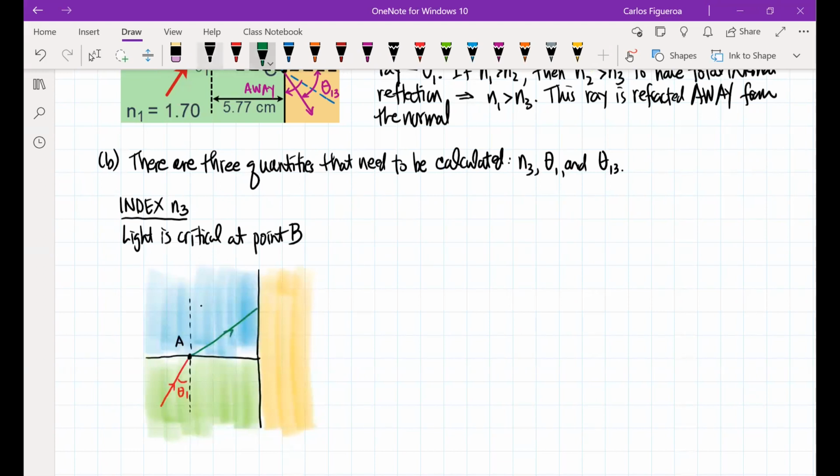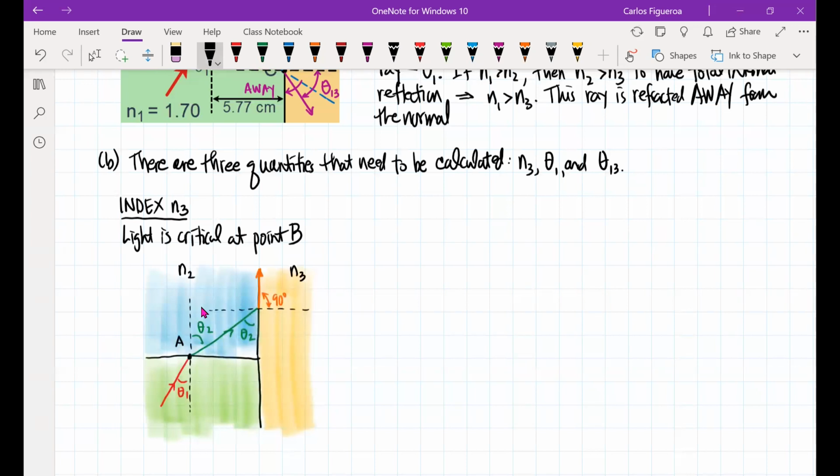And so what we'll do here is that we're going to define this angle as theta 2 according to Snell's law, but this angle is also theta 2. So if I put in my normal right there, note that I have a ray that goes like this, and we already saw that this angle is 90 degrees. And just again, note that this is N2, this is N3.